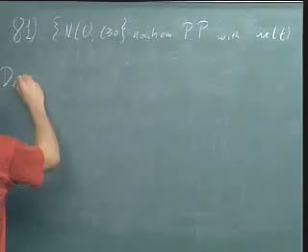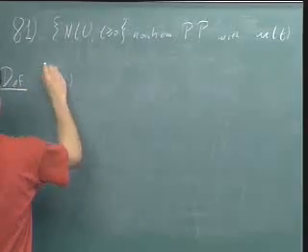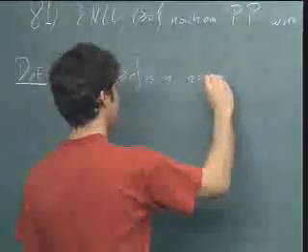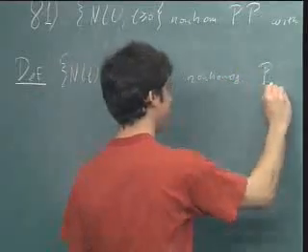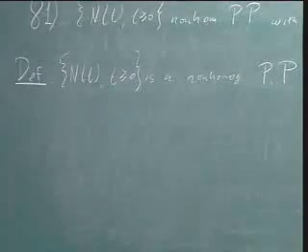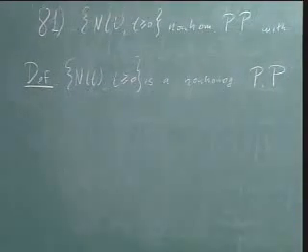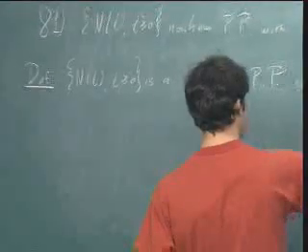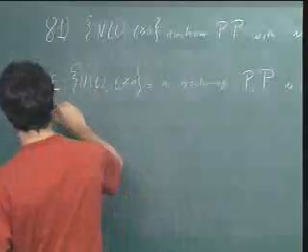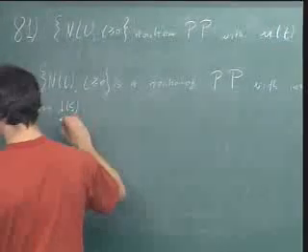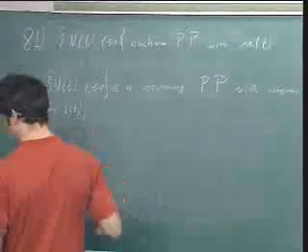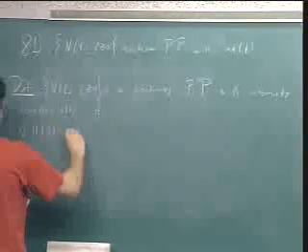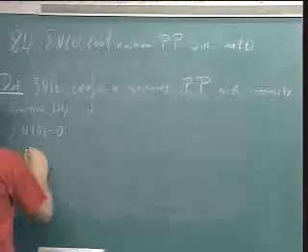Definition first, with intensity lambda of t, if at 0 we have 0, and we have independent increments.